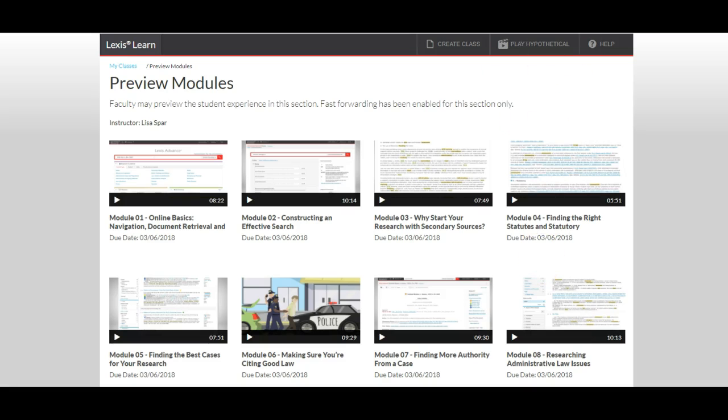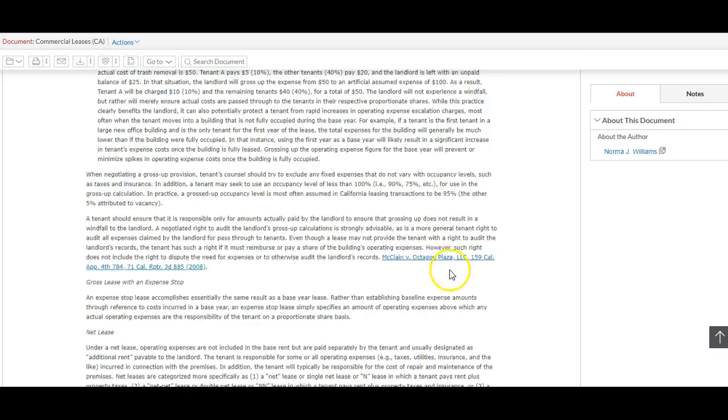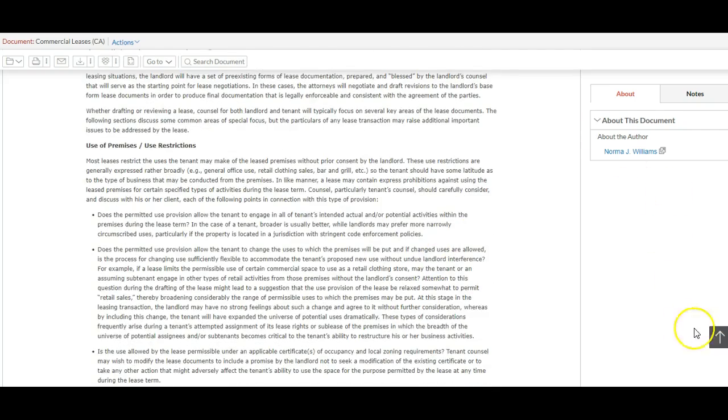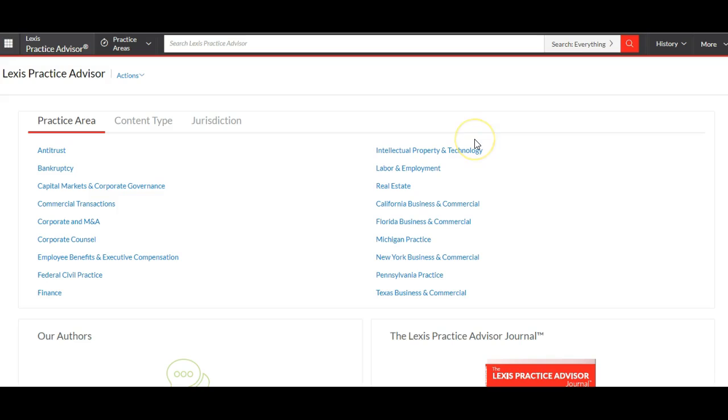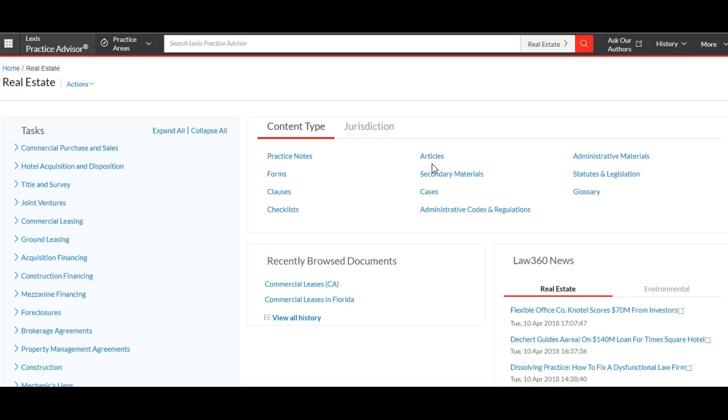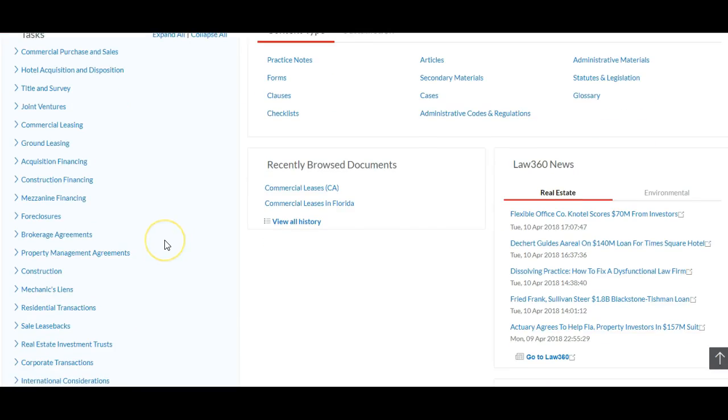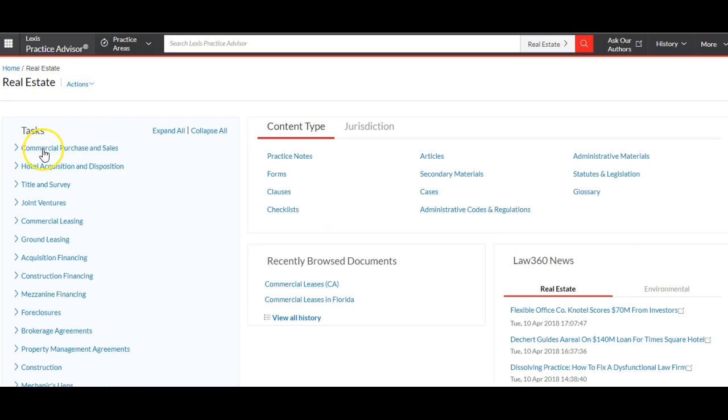Okay, so again, just a quick introduction to what you can do in Practice Advisor, the searchability. You can browse through to your particular area of interest. The fact that it has those practice notes, again, gives you some explanation of what those clauses are and are supposed to do.